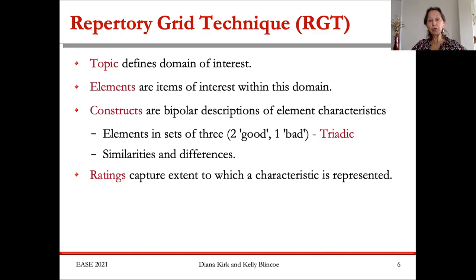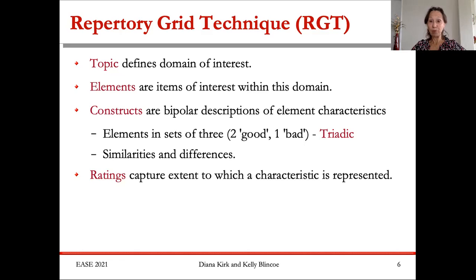And you choose 2 of the good ones and 1 of the bad ones, and you ask the participant to identify any similarities between the 2 good ones that are different from the bad one, that may have caused the good ones to be good and the bad one to be bad. And this is a triadic approach.